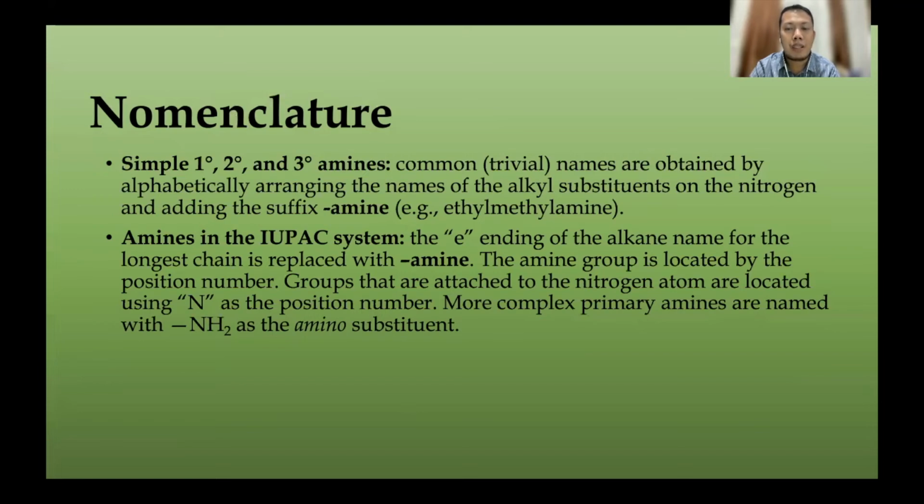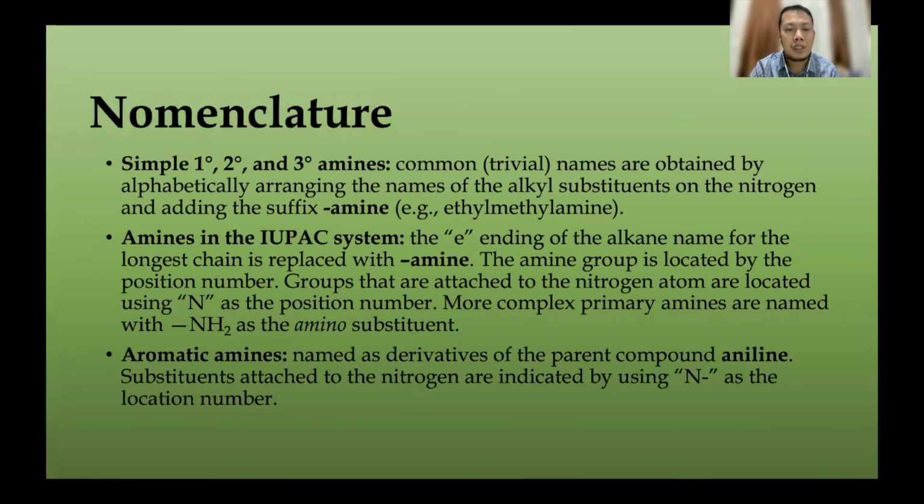More complex primary amines are named with NH2 as the amino substituent. In the case of aromatic amines, they are named as derivatives of the parent compound known as aniline. A benzene with NH2 is known as aniline. Substituents attached to the nitrogen are indicated by using N as the location number.